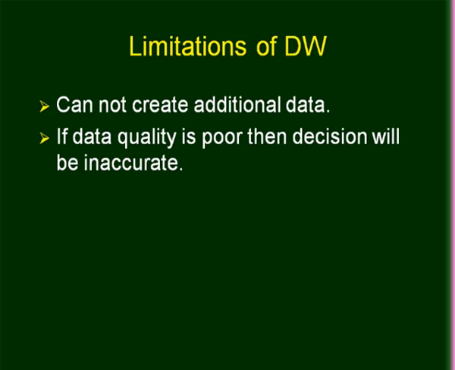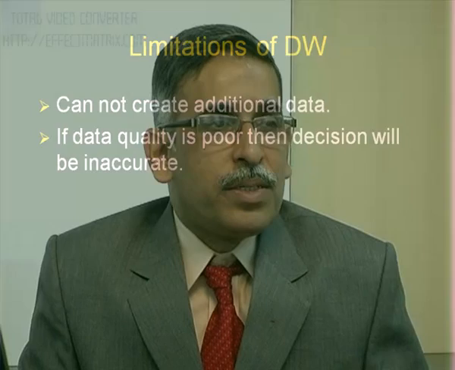If zip code is not there in databases, you can add a column and then insert zip codes. But in data warehouse, you cannot do that. Right? So therefore, what data is required for analysis must be available in operational systems. If they are not available, then you cannot do any analysis.